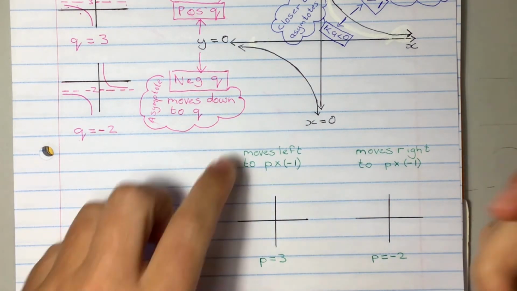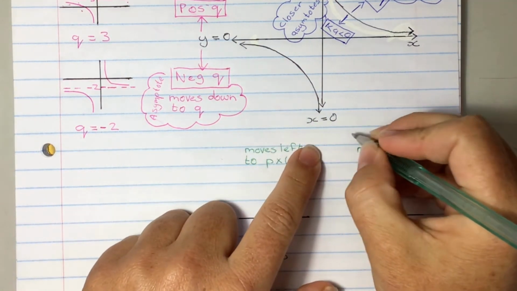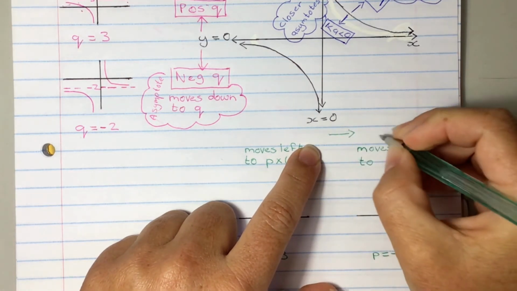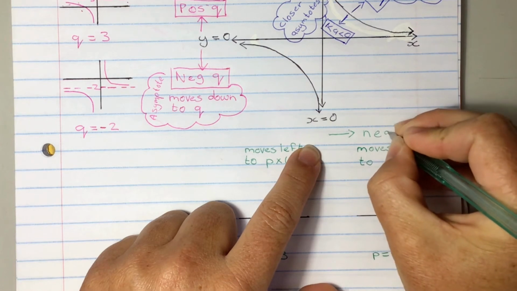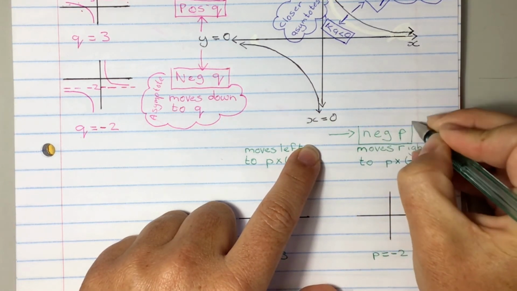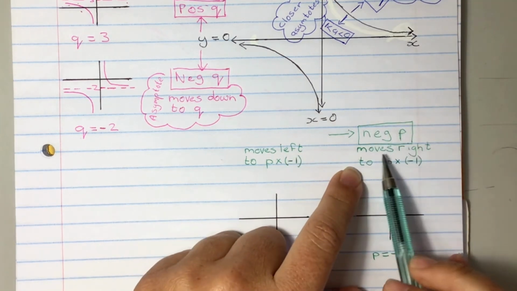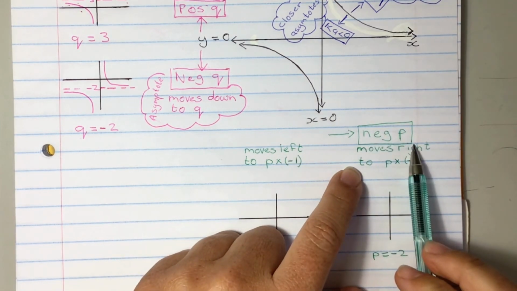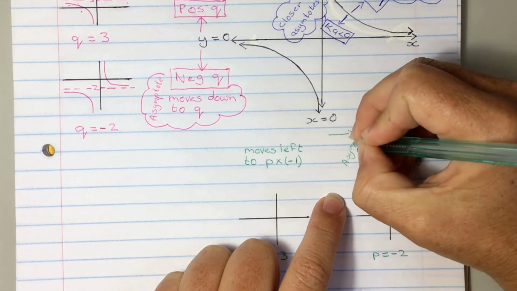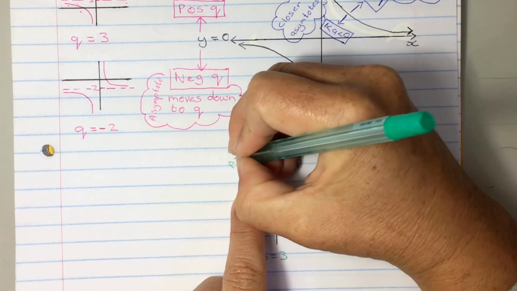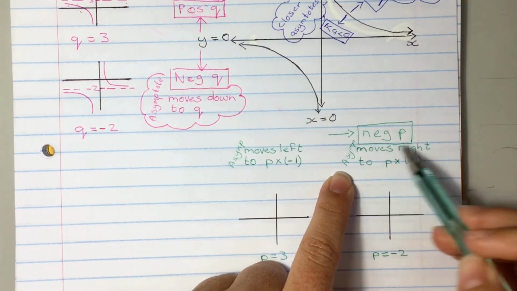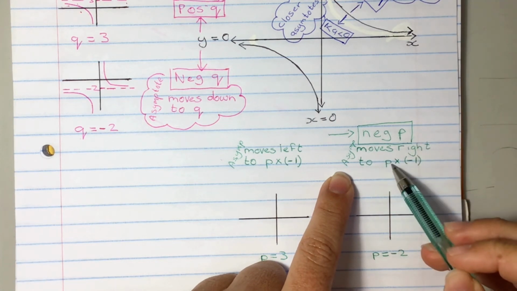We saw that to move right, you've got to have a negative P. So a negative P moves right, and once again, we're talking about our asymptote here. My asymptote moves right to P times -1.